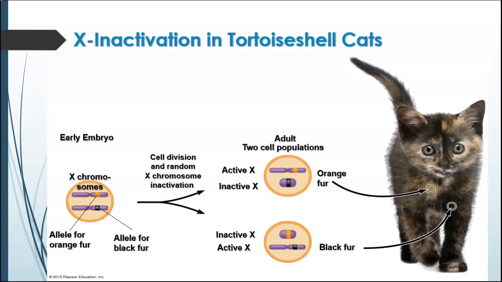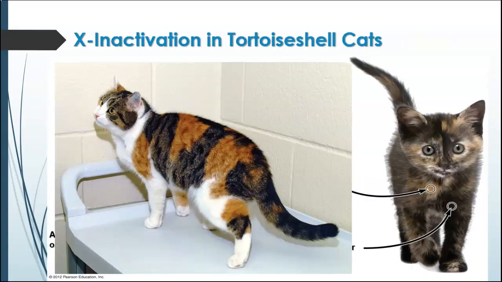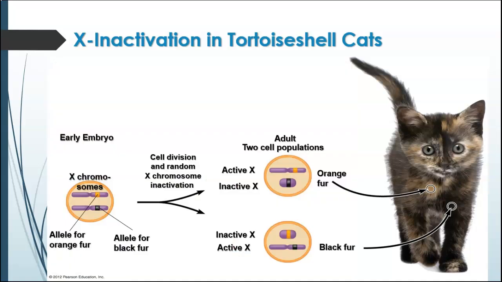The cat shown here is a tortoiseshell. It's a combination of black and orange fur, and then the calico cat is black and orange on white, like you see here. All right. So in cats, the gene for coat color is carried on the X chromosome. And so with the random inactivation of the X chromosome in those different cells, some of them will have the chromosome with the black allele turned off, and others will have the chromosome with the orange allele turned off.